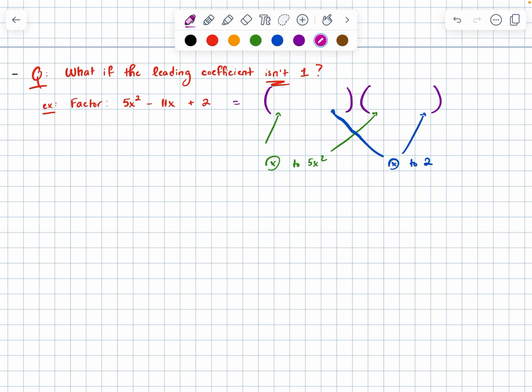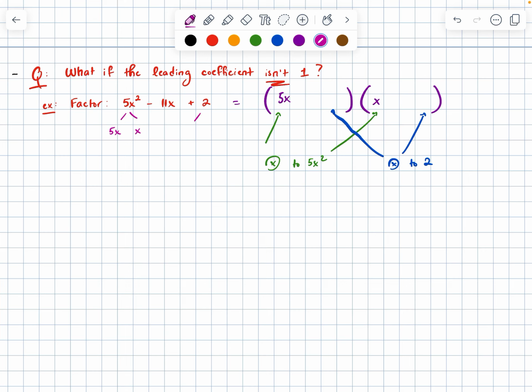So 5x squared. If I'm going to get to 5, the only way that I can do that is 5 times 1. The only way I can get to x squared is x times x, so there's actually only one possible factorization of 5x squared. It needs to be 5x and x.